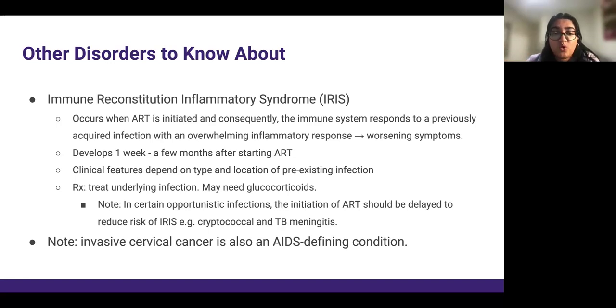It develops 1 week to a few months after starting ART, and clinical features depend on what kind of pre-existing infection the body was trying to respond to. So you'd want to treat the underlying infections, and give steroids to dampen the immune response that's going on as well.